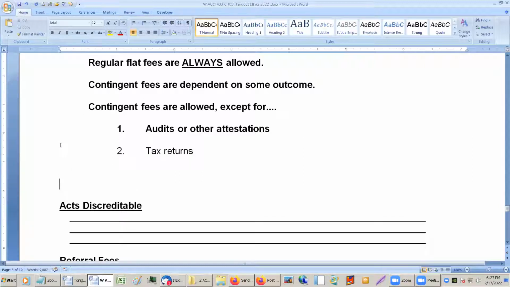Tax returns. Okay, so you can't have a contingency fee for an audit. So if a client says they'll give you $10,000 extra, you can't accept that. You say, no, $90,000 is the fee.